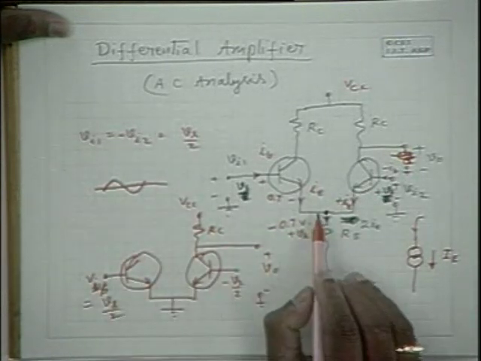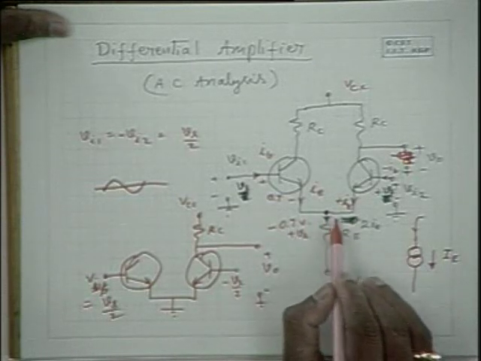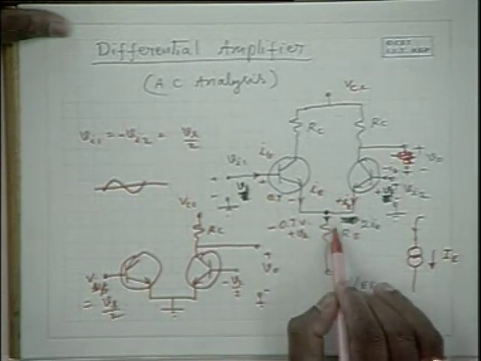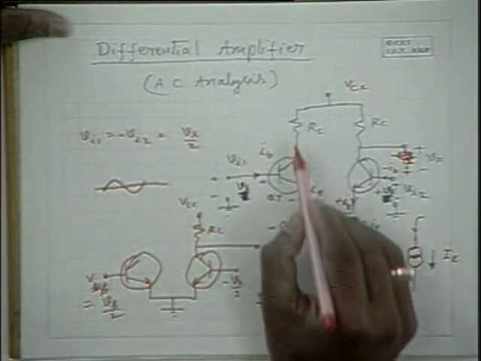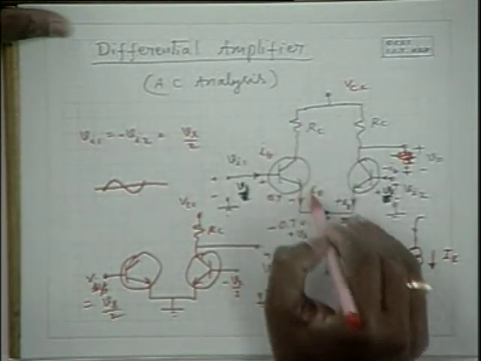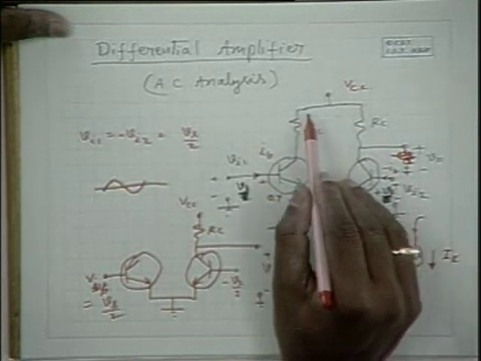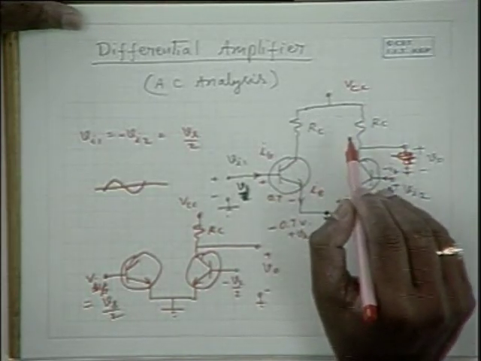So that means the voltage here is changing, but the current still remains constant. Hence, only the biasing current flows and no alternating current flows through RC.